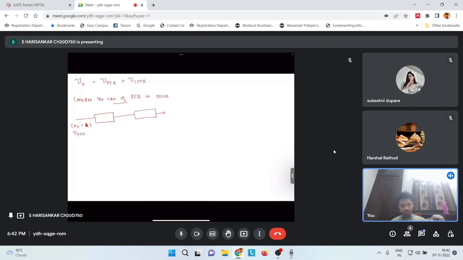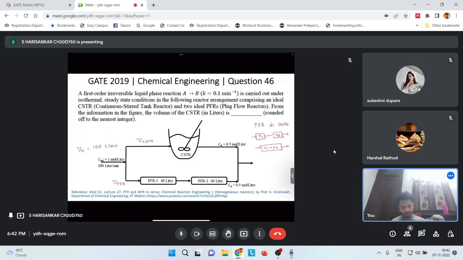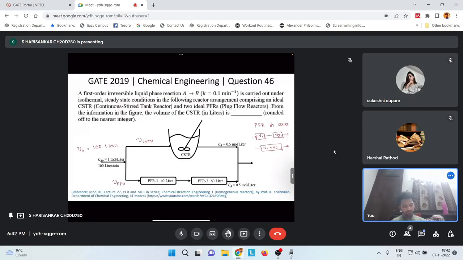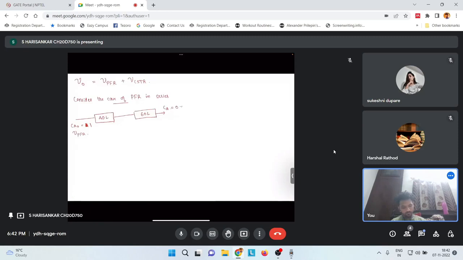Now the volume of the first PFR is 40 and the second PFR is 60 liters. And let's say Ca is the final concentration here. Now the Ca is given as 0.5. We can redraw this like this.